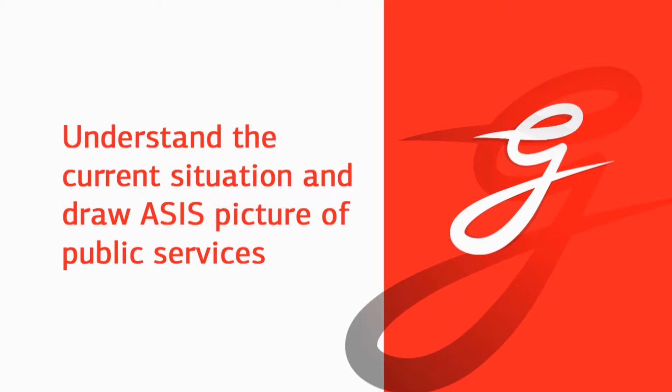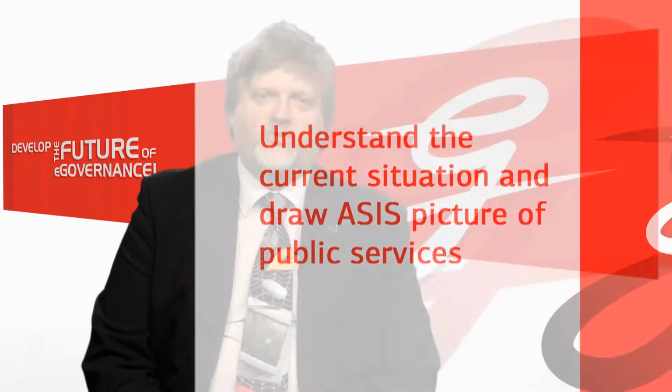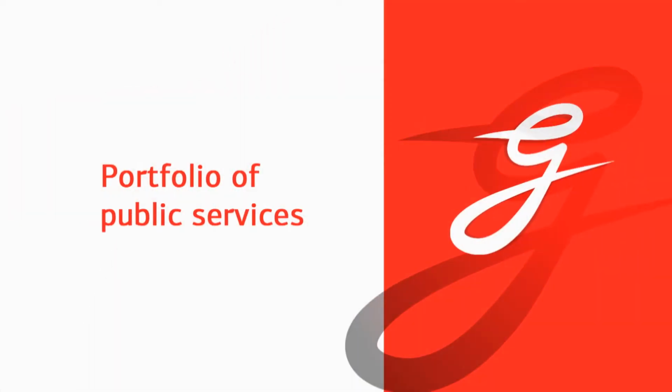It means that the first step is to draw an as-is picture of the current situation of public services. We need to make a list of public services we provide and create a portfolio of it. This portfolio can be built on the authority level or ministry level or even on state level.